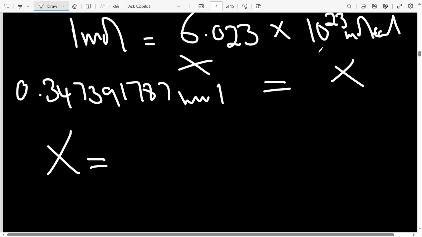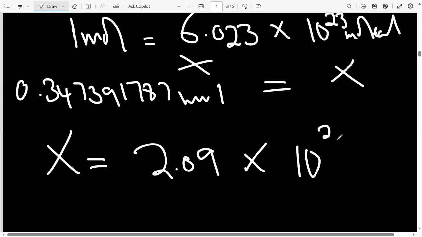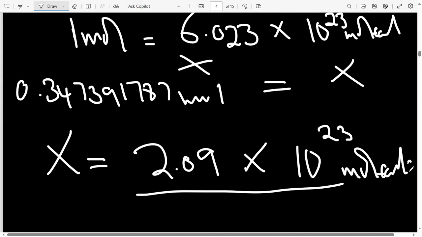I'm going to say multiplied by 6.023 multiplied by 10 to the power 23. Okay, so what am I going to get as my number of molecules? I'm getting 2.09 multiplied by 10 to the power what? 23 molecules of water. Okay, so these are molecules of what? Of water.